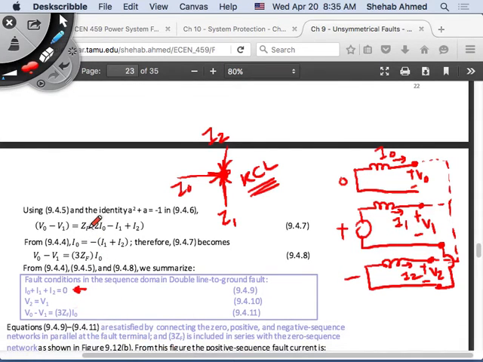So I have a voltage across a fault impedance that has a zero sequence current flowing through it, equal to V0 minus V1. This is V0, connected to the top here. So how do I connect this one?